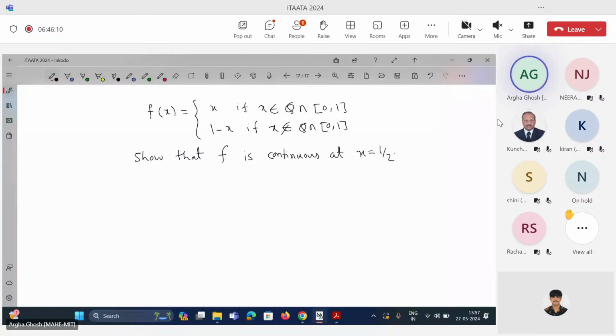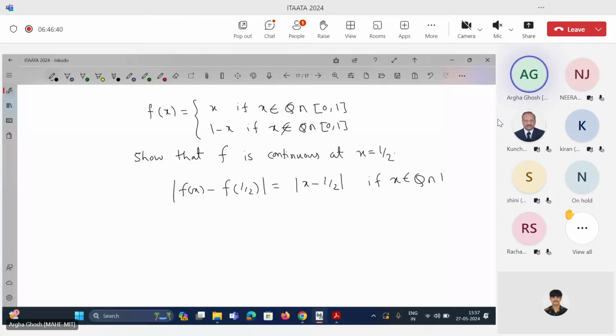So now, if we just calculate this one, f(x) minus f(half): let's say x is a rational number, then you have x minus half, if x is a rational in the intersection with (0,1).